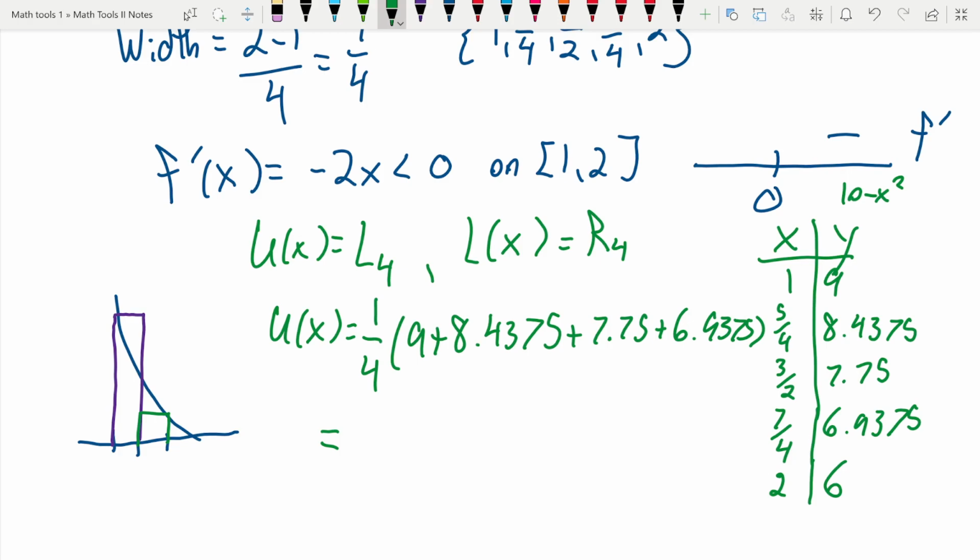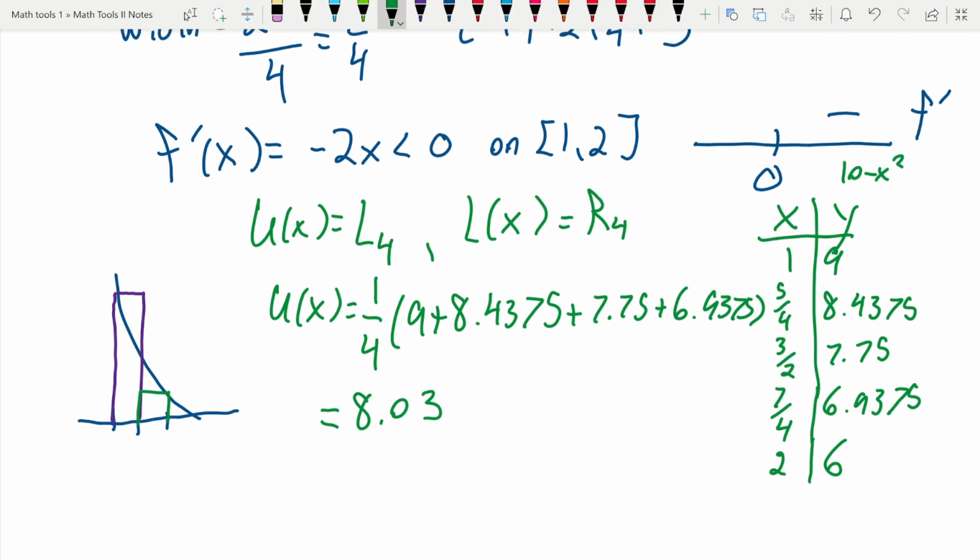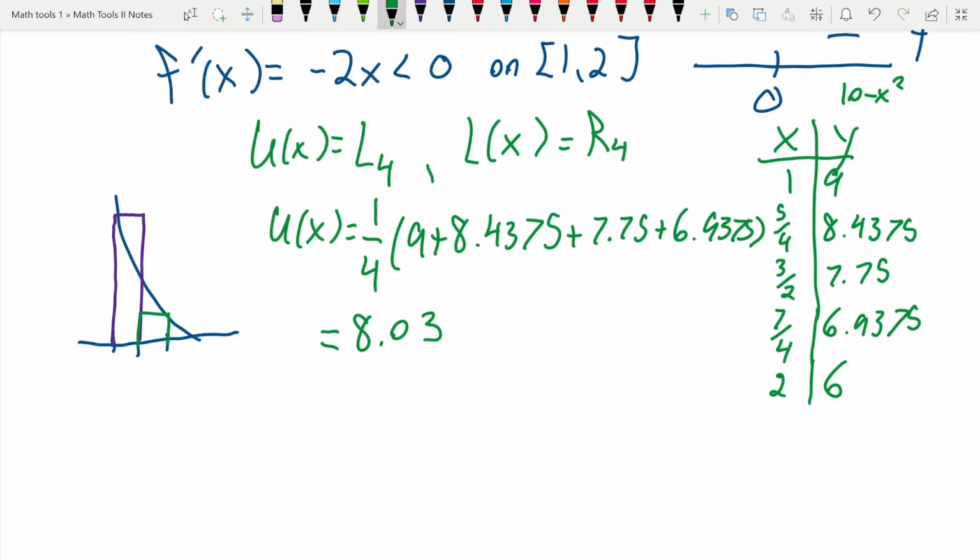So that's going to be equal to, I'm getting 8.03. Okay. And then, hopefully I put that all in right.